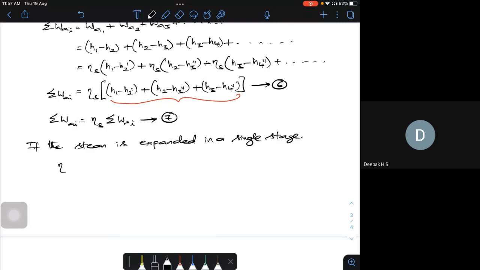I'm going to write the simple turbine efficiency, which is equal to actual work done by your isentropic work done for a single stage. Or your actual work done is equal to your turbine efficiency into your isentropic work done. I'm going to call this equation number 8.